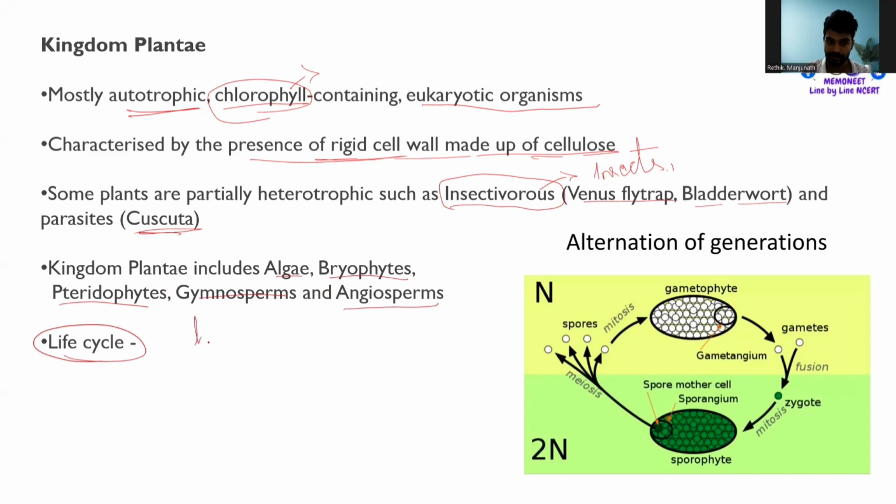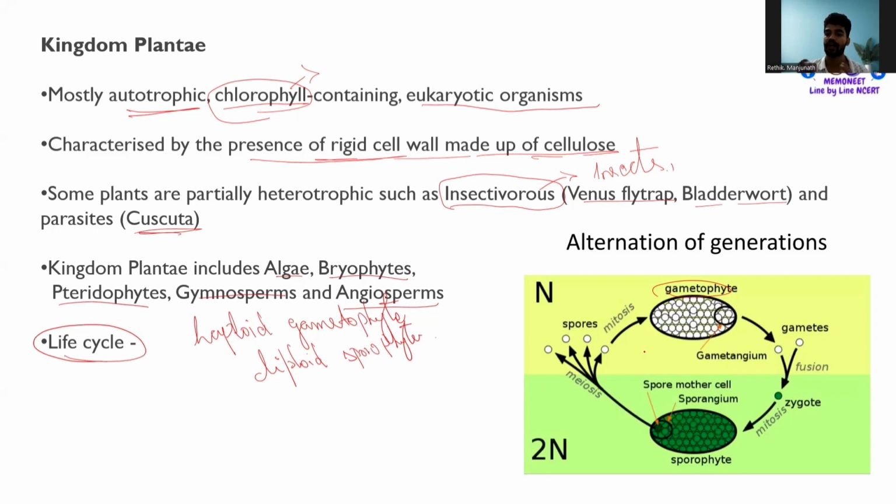One is the haploid gametophyte, and the second one is the diploid sporophyte.